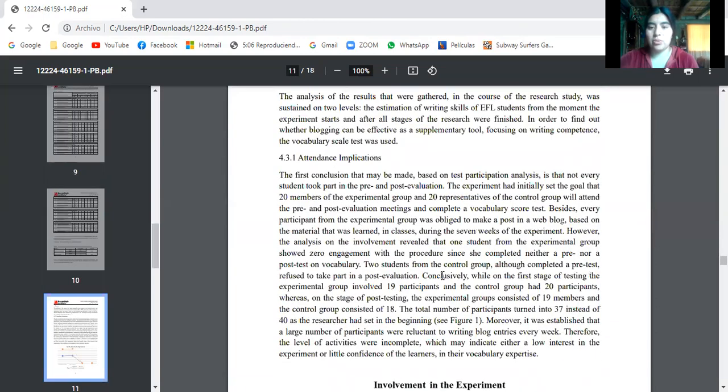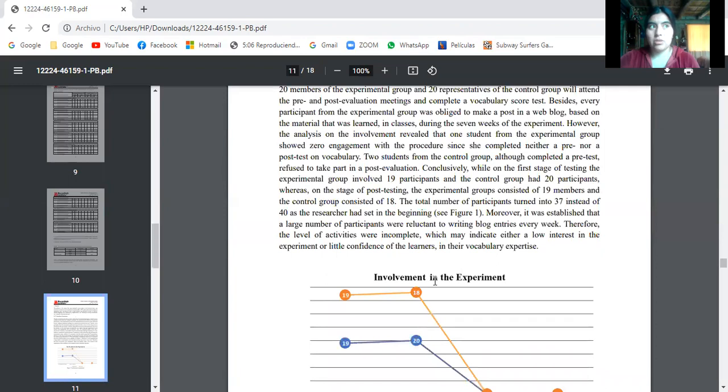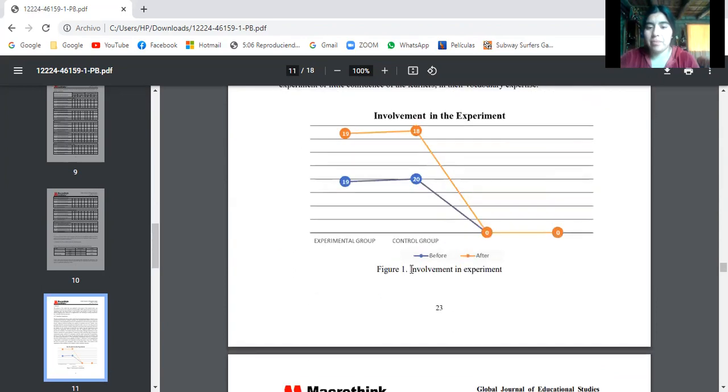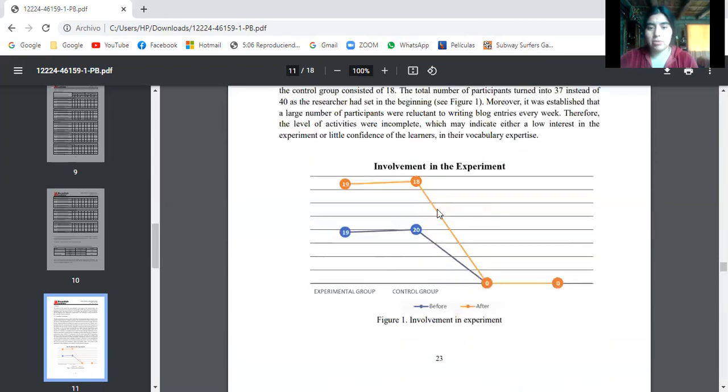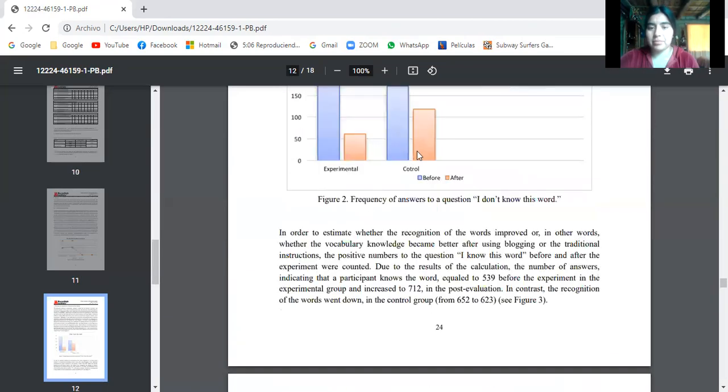We are going to order the information in a specific graphic in order to give this information a more relevant order. As you can see here, we have so many graphics in order to compare the information.